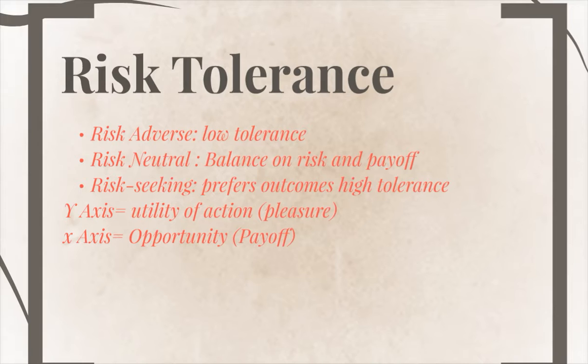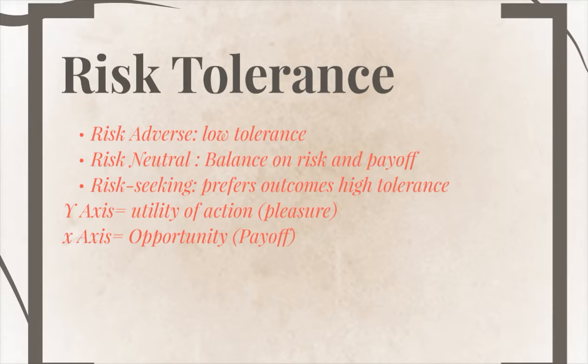Every organization has a very different level for these, and you have to understand this. This is a weighted situation in most cases, and there are parameters put in place by senior management to understand that tolerance level. There's risk neutral, which a lot of companies try to balance in their scorecard, making sure that the amount of risk is equal to the payoffs, or the payoffs are slightly greater, but they're not having much risk at all.